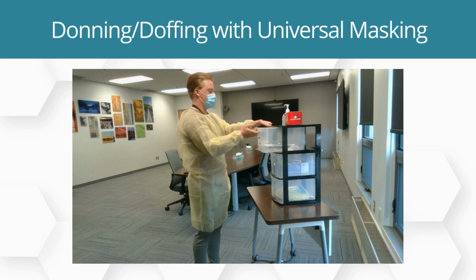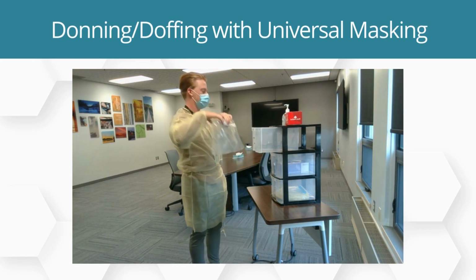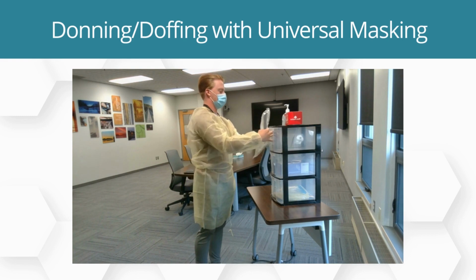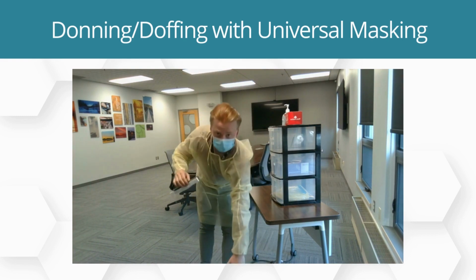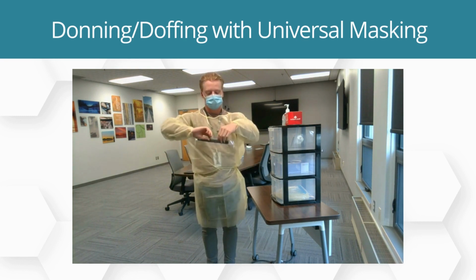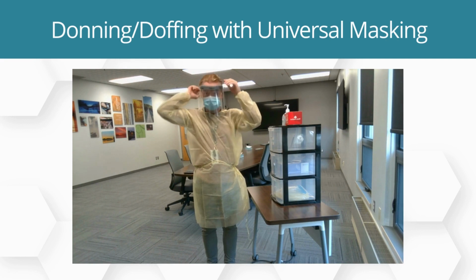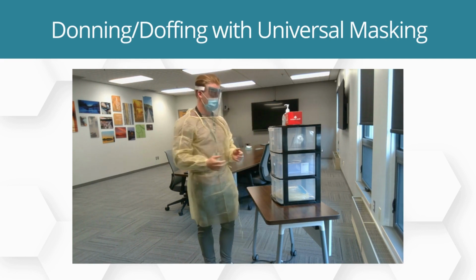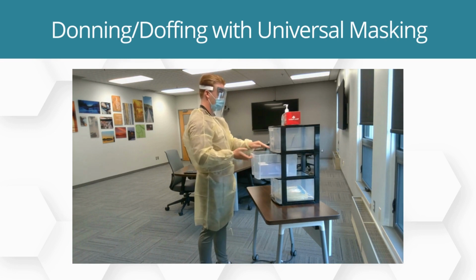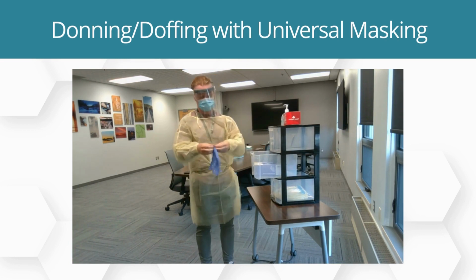Step 3, once you have ensured your gown is on securely, you can put on eye protection. Step 4, you can now put on your gloves, making sure that they cover the cuffs of the gown.